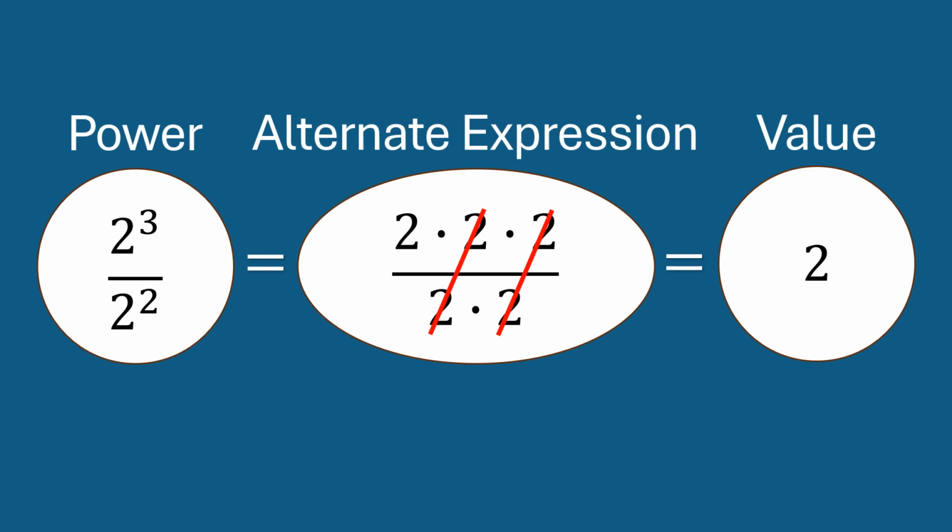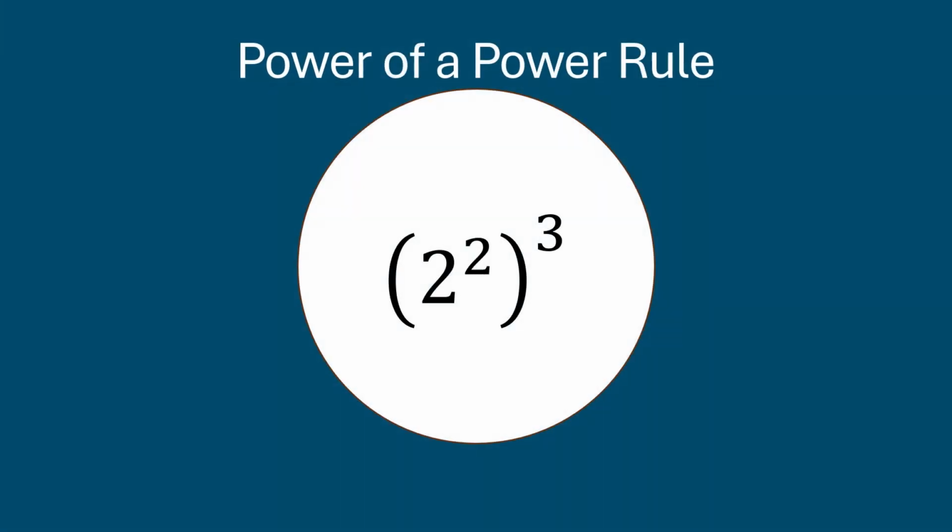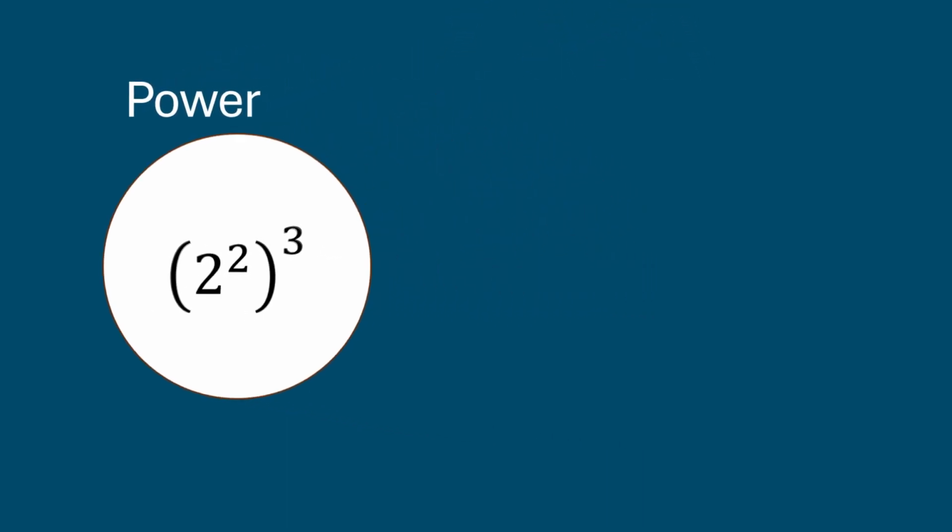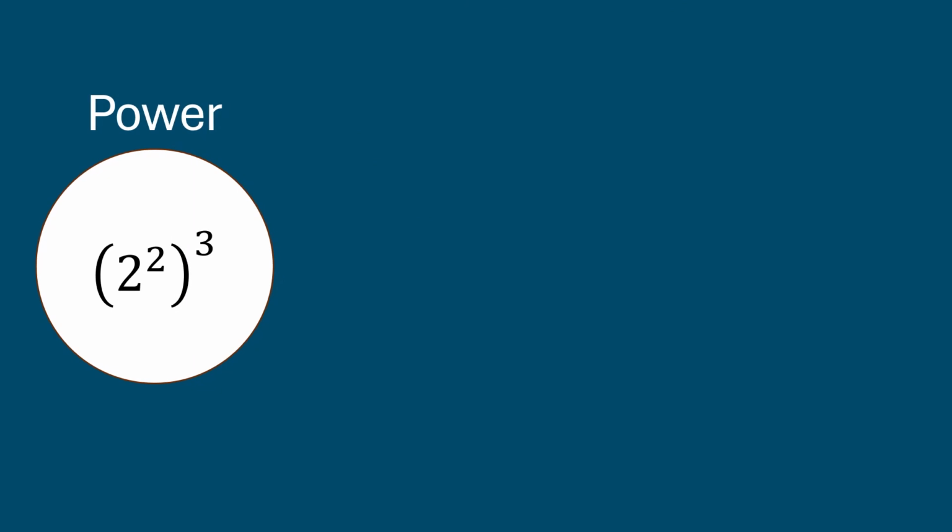And that's it. The final rule that I'm going to speak of is something referred to as the power of a power rule. In this case, I have an exponent within parentheses, which is then also raised to a power. Similar to the rules of PEMDAS, I am going to begin with the values on the inside.